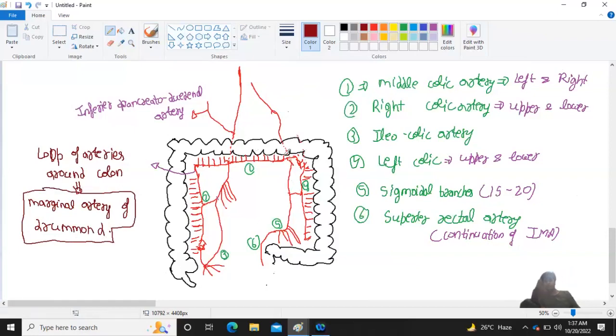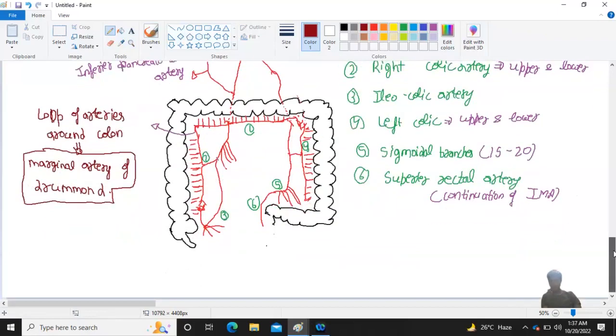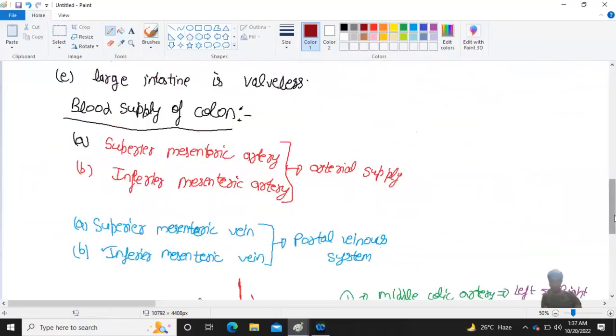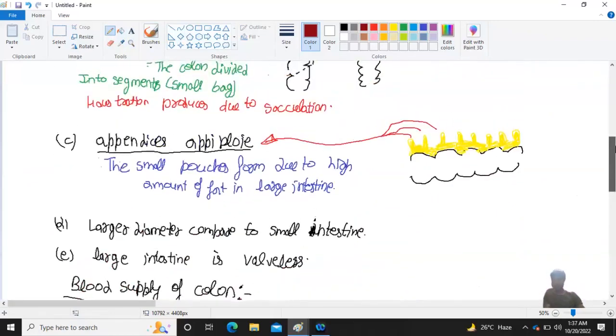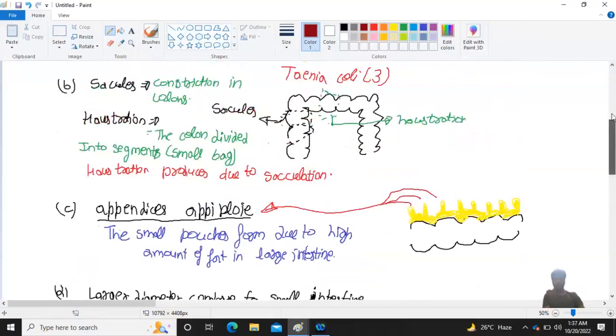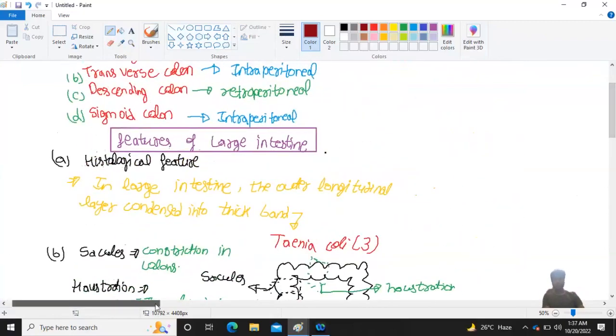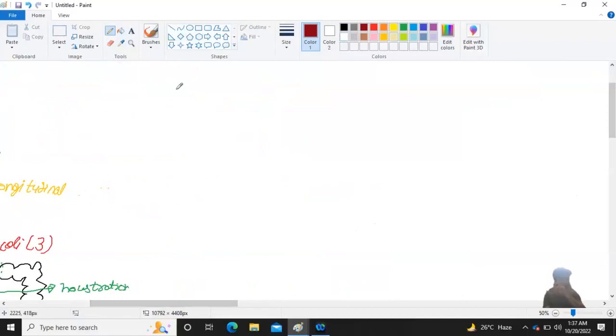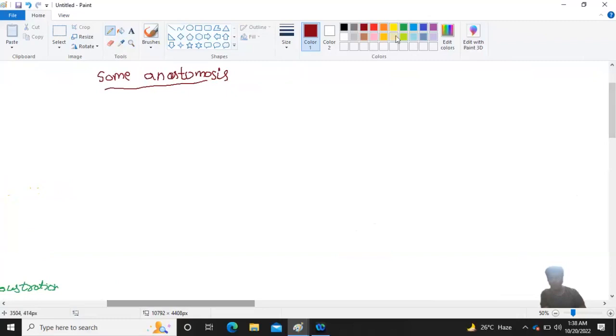Now there are some other anastomoses present here. We can draw them like this. We take another section. Some important anastomoses. Now we only draw the arterial supply.